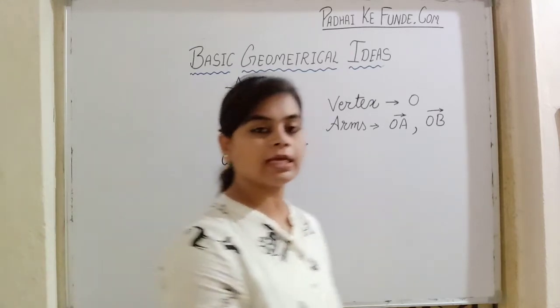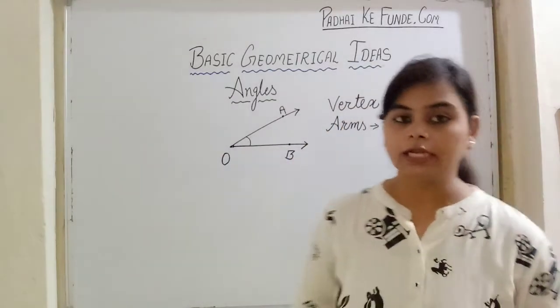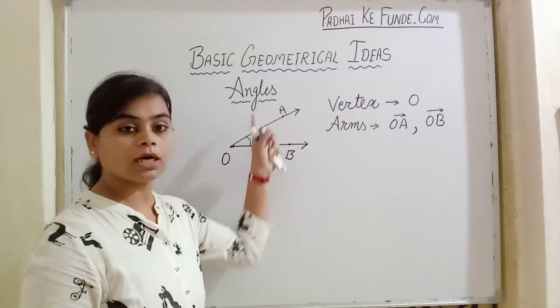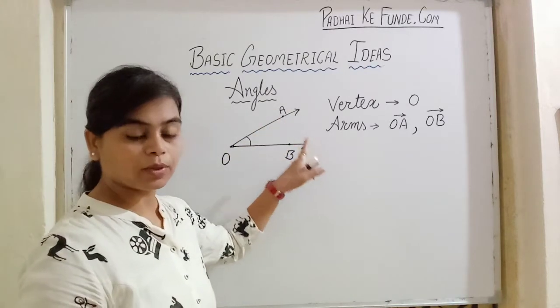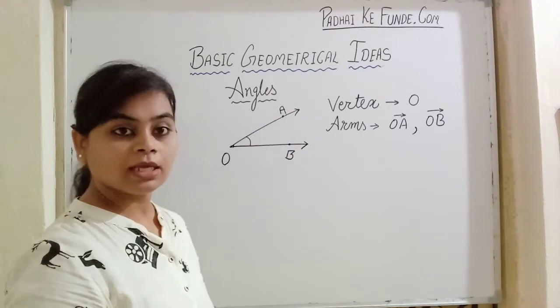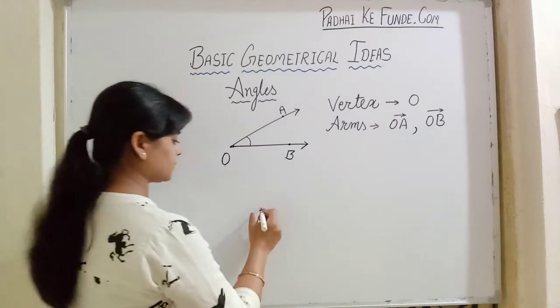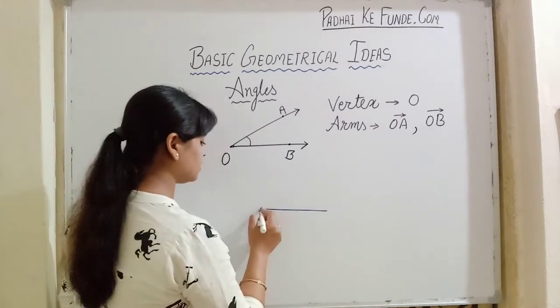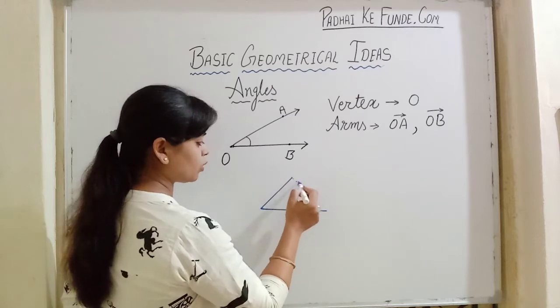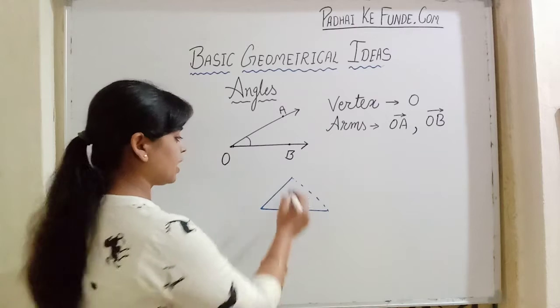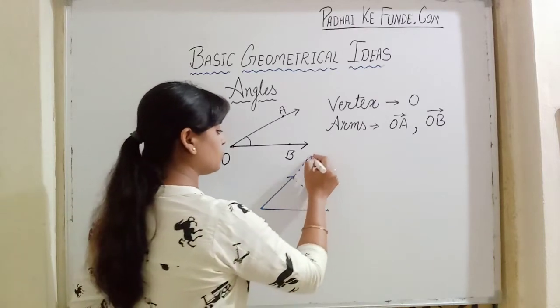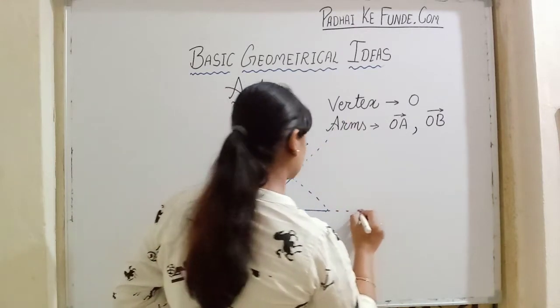Interior of the angle: interior means inside. Now as I told you, the arms of the angles are rays. A ray can move further as much as we want. So as we have an angle here, it doesn't mean that only this much part will be its interior. As it is a ray, it can move further in a straight line.